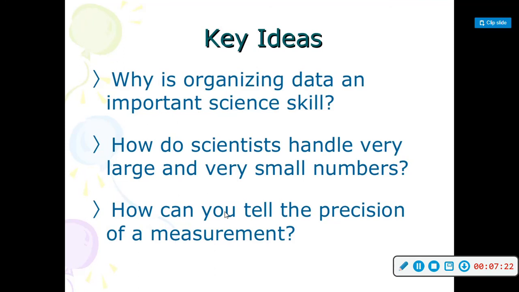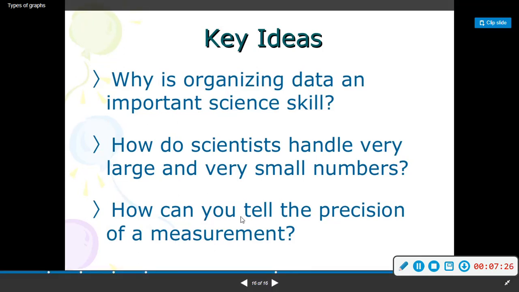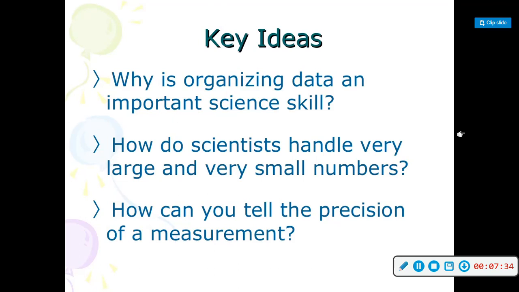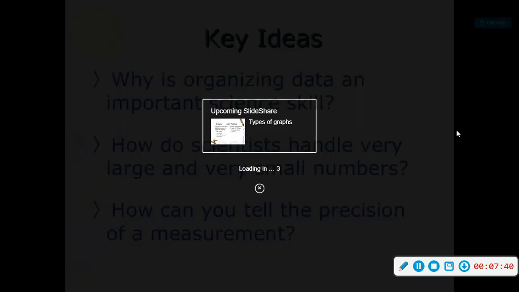You plug them into a computer and let the computer handle it. And how can you tell the precision of a measurement? Typically, the more decimal places you have, the more precise your number is.